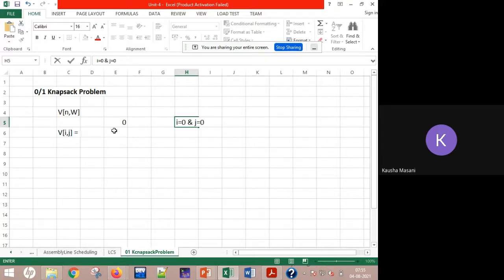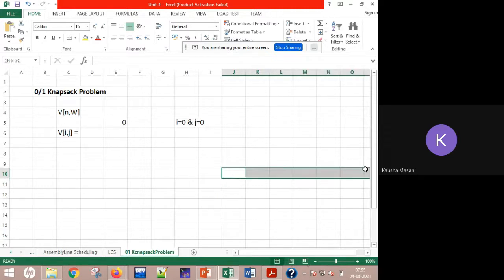That means your first row and first column will be all zeros. Because I equal to 0, it is going to be 0 everywhere, and j equal to 0, it is going to be 0 everywhere.